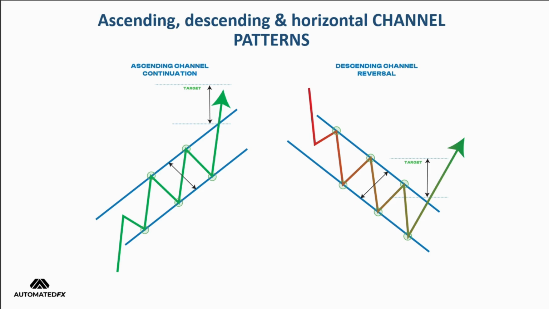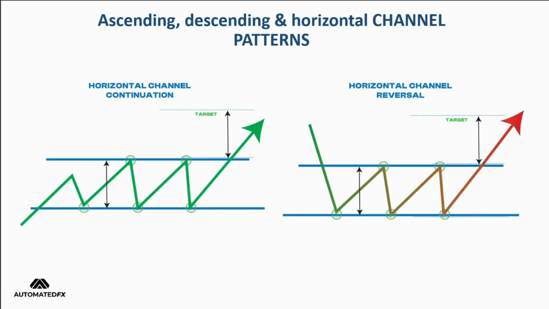And the next thing is the descending channel. A descending channel shows price moving downward between parallel lines. It indicates a steady downtrend with lower highs and lower lows.